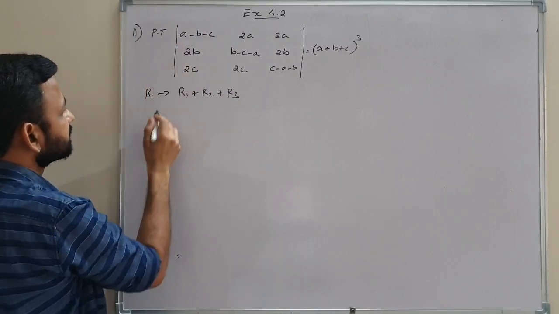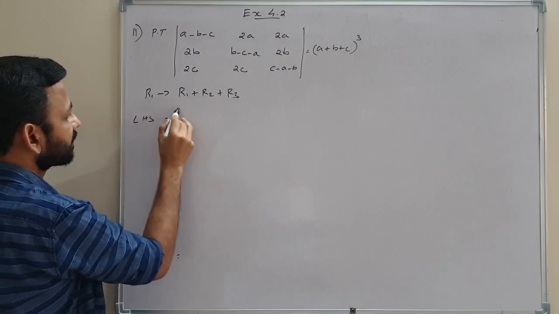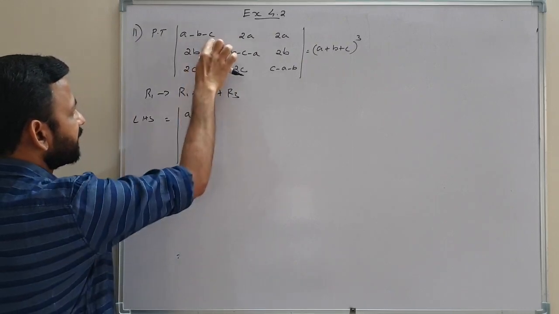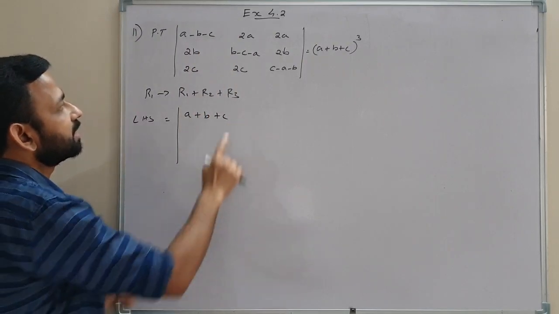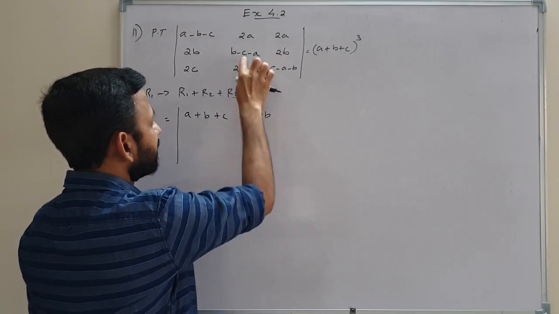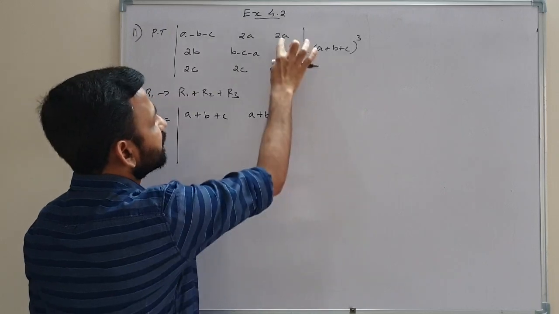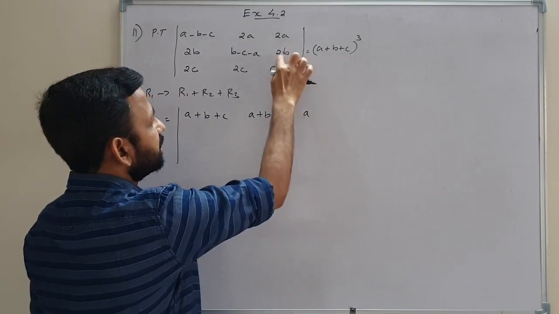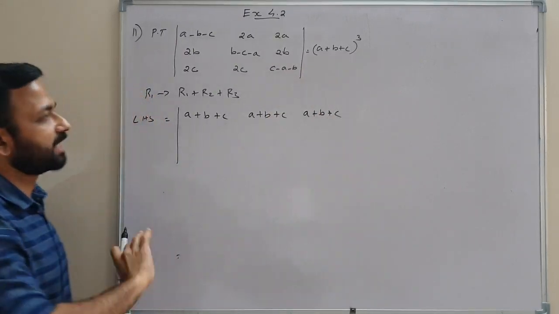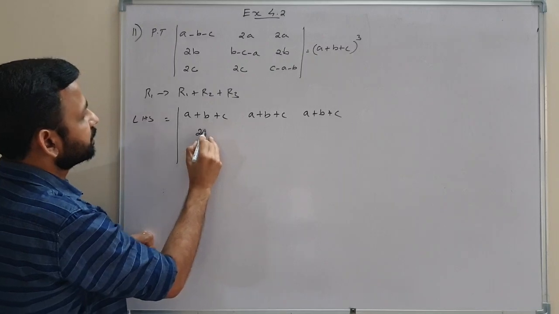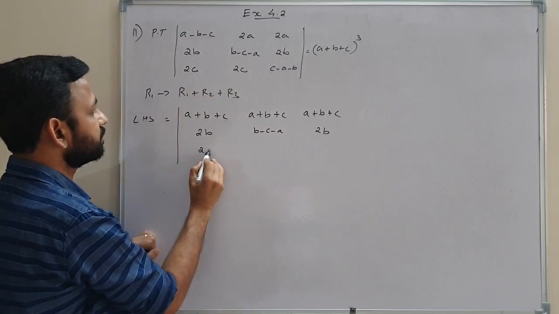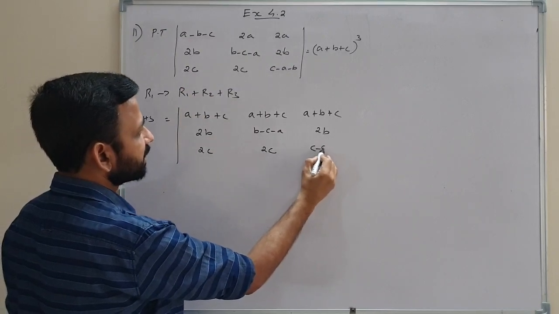So LHS equals a plus b plus c in the first row, all three entries. Then the second row and third row stay the same: 2b, b minus c minus a, 2b, and 2c, 2c, c minus a minus b.